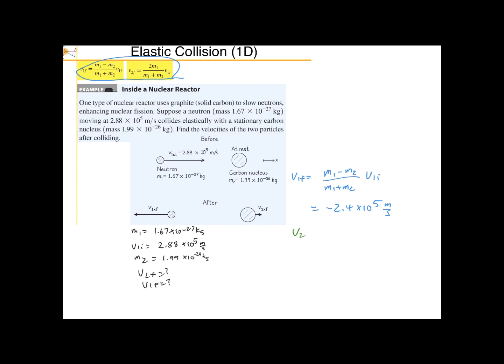How about V2 final? Well, V2 final will be 2 times M1 over M1 plus M2 times V1 initial. How fast is it going afterwards? Well, 0.450 times 10 to the 5 meters per second. And so you notice, comparing this speed and this speed, right? The neutron is moving a lot faster to the left. The carbon nucleus is moving to the right at a slowish speed.